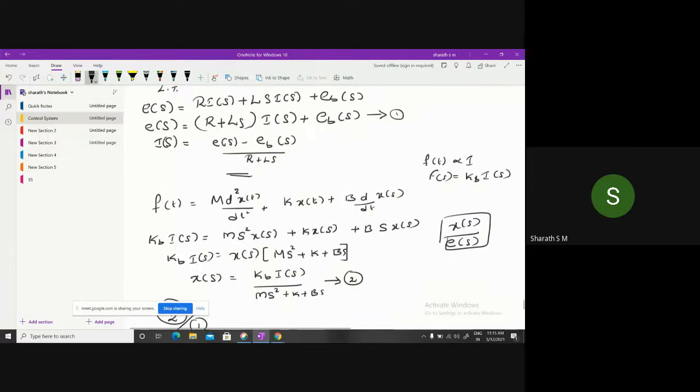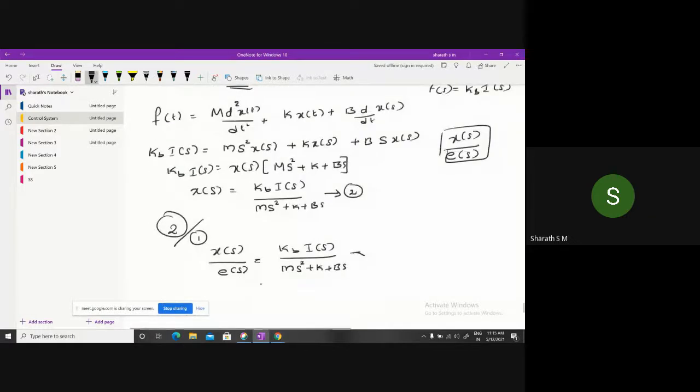So here x of s and e of s. This one we can get e of s as equation 2 divided by 1.